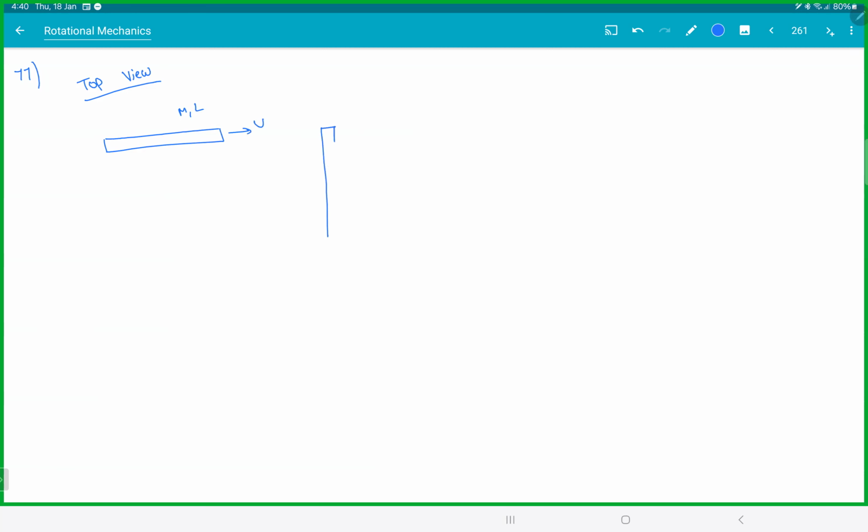And there is another rod here, same mass and length L, at rest. This comes and hits the edge and sticks, and the shape becomes like this: an L-shaped rod.